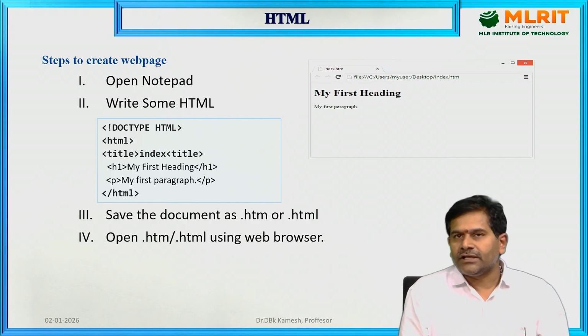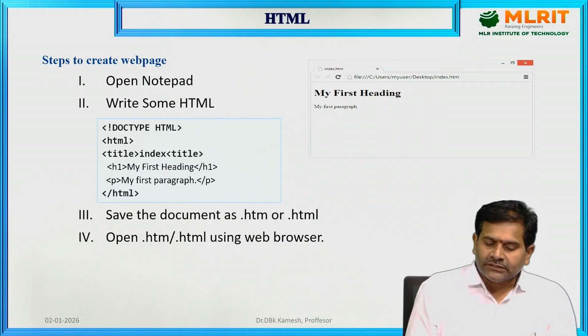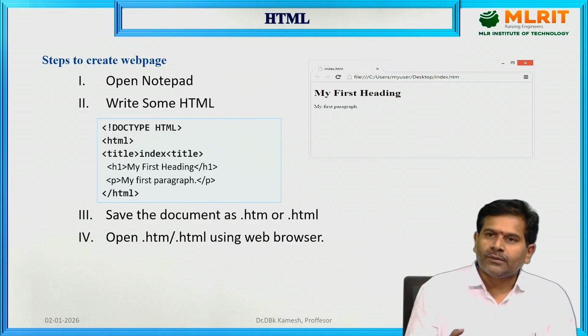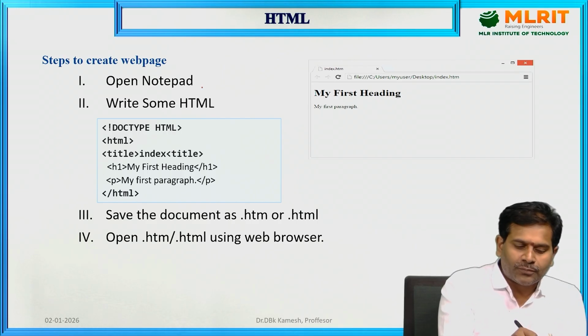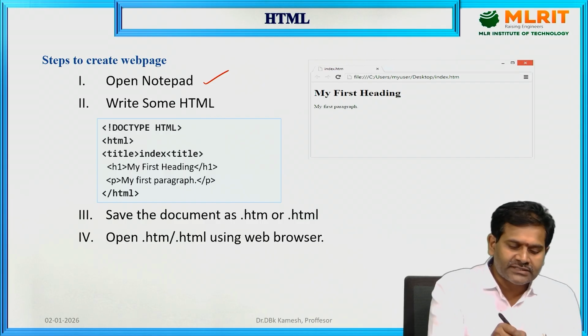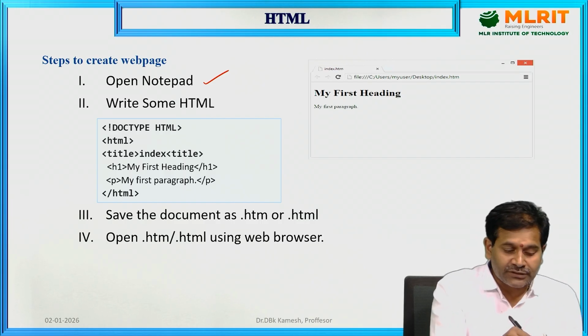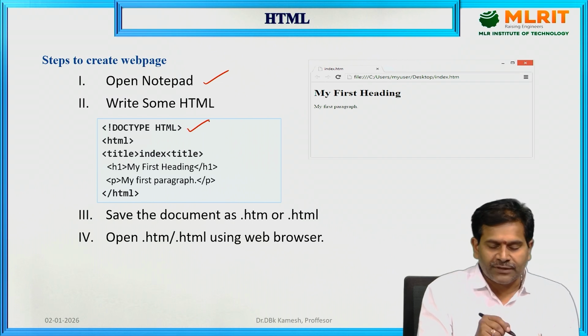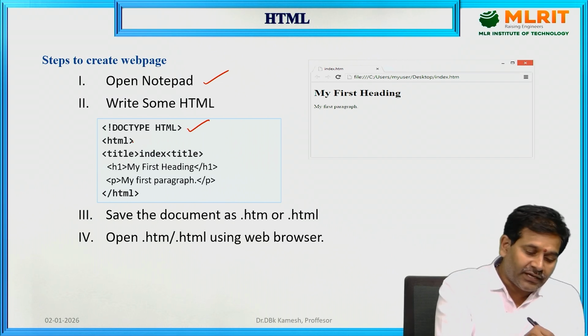The steps to create one web page. How to create? Basically we are required to write a program. So open Notepad. In normal Notepad we take the example. Write some HTML text. In this text, first is exclamation doctype HTML, then followed by html.